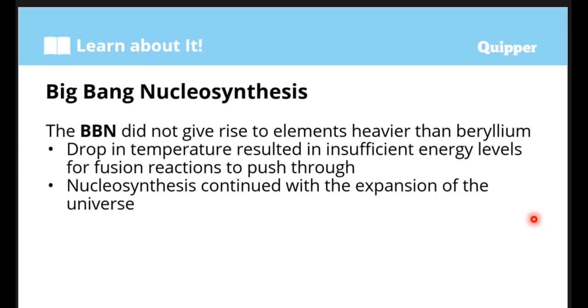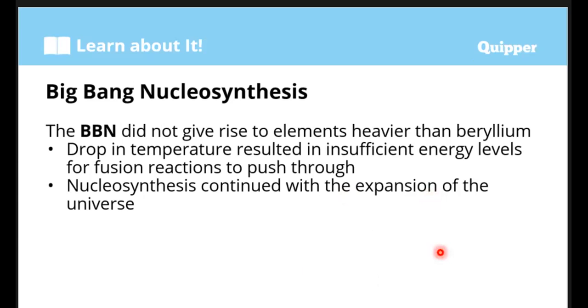The highest in weight of the light elements is only beryllium, because it cannot combine anymore with either a proton or a neutron because of insufficient levels. So that's the Big Bang nucleosynthesis, or the Big Bang theory, that explains how the light elements are formed.